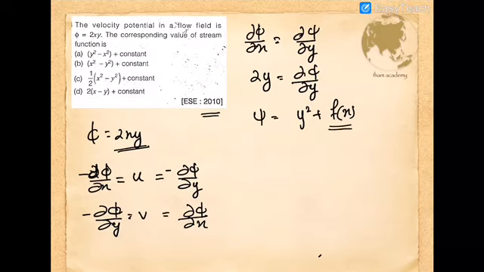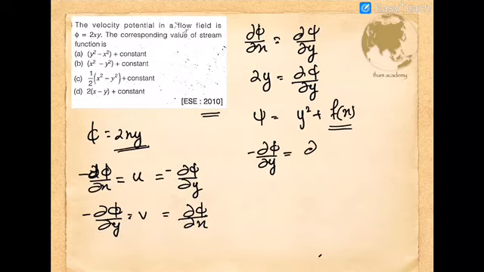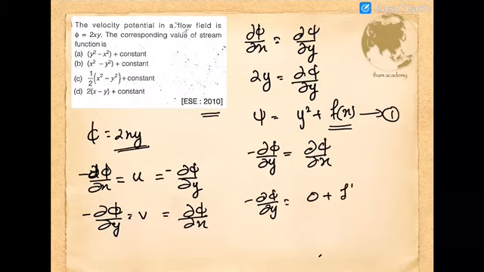Now we have to find out the function f(x), which is not available in the options. So what is f(x)? From the second expression, minus ∂φ/∂y is equal to ∂ψ/∂x. If we take the derivative of this first function with respect to x, we will get minus ∂φ/∂y equal to 0 plus f dash x.